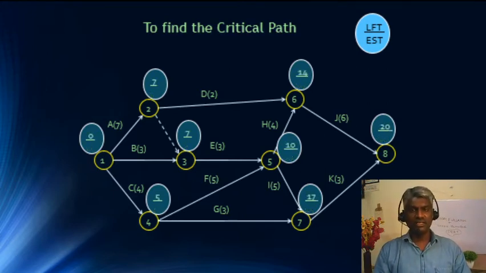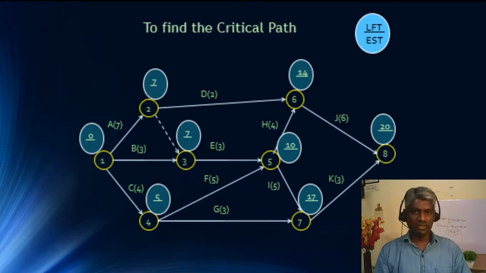Moving backwards to the 7th node, there is only one arrow tail, so straight away we subtract the duration: 20 minus 3 is 17. And for node 6, only one arrow tail, so 20 minus 6 is 14.